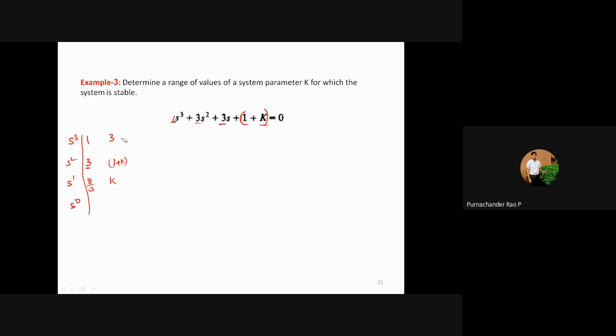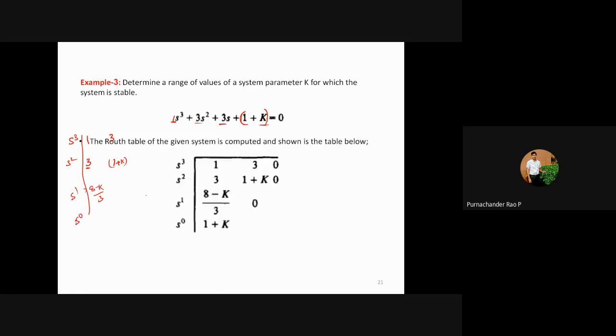So this value is 1. Okay, so this is going to be 9 minus 1, so 8 minus k by 3, and this is S power 1. Next S power 0, so this is going to be 1 plus k.